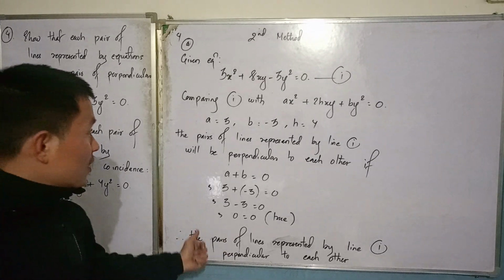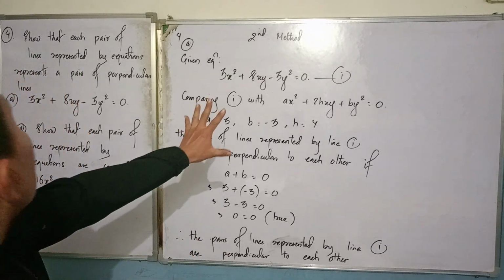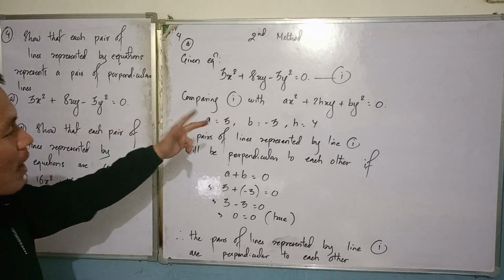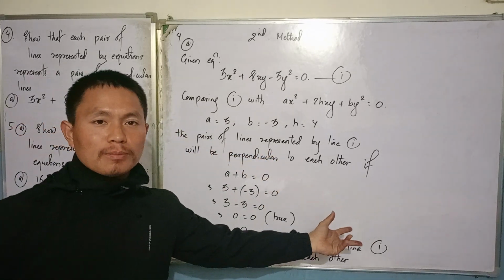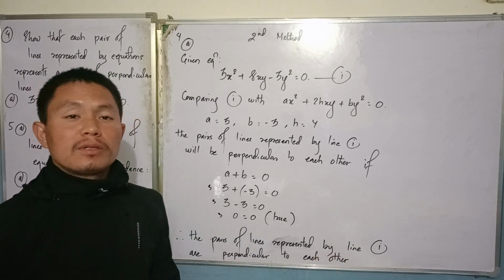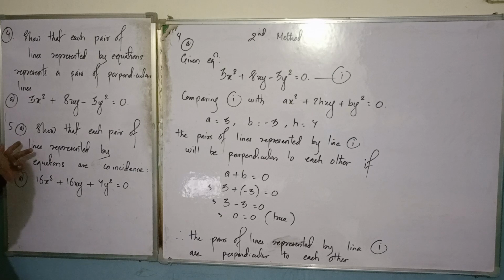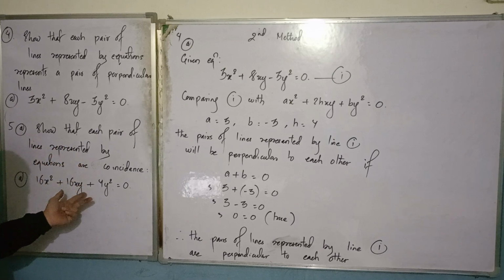Okay, now in the same way 5a also. In this case we have proved how to prove the lines are perpendicular. Now in the same way, we can do either of both methods.